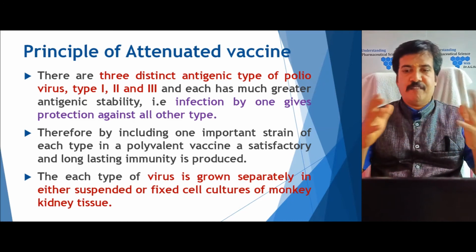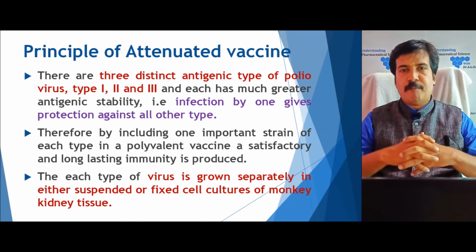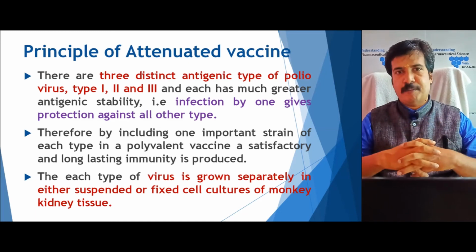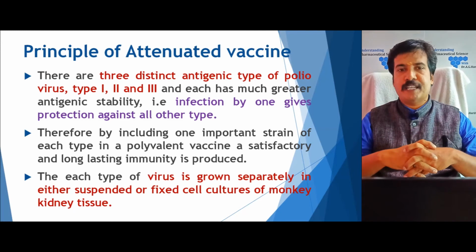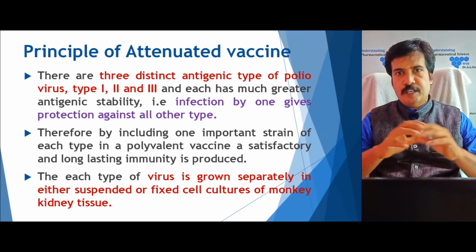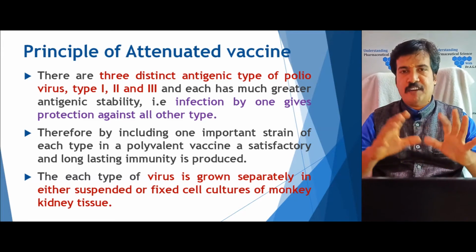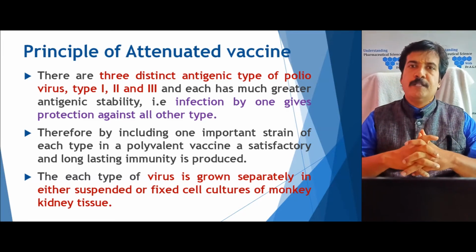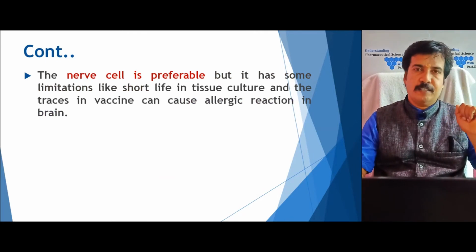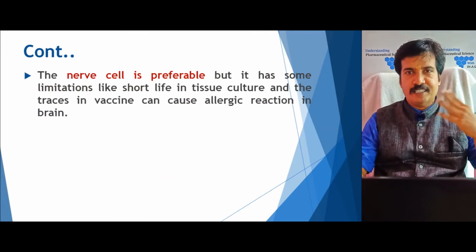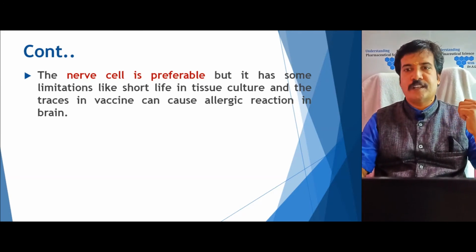So we take a particular virus strain which can give you a broad spectrum of activity. We take that strain separately, and it is cultivated in rhesus monkey kidney cells. In a fixed cell culture of the rhesus monkey kidney cells, it is infected and cultivated. We know that the poliomyelitis virus generally infects nerve cells, which means it has an ability to grow in nerve cells.